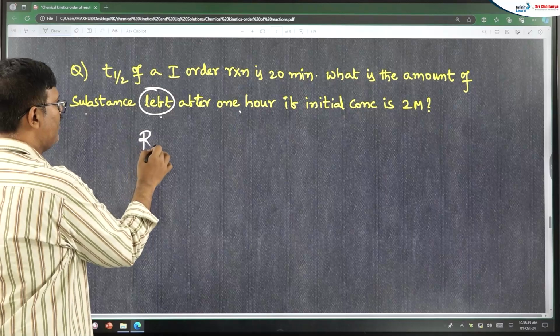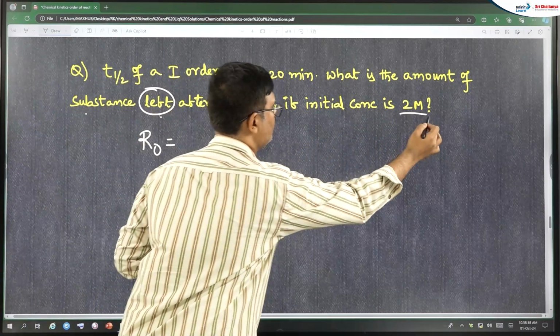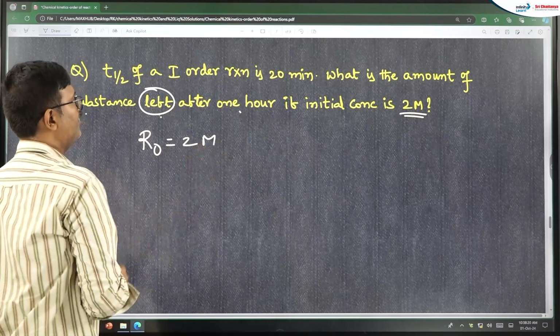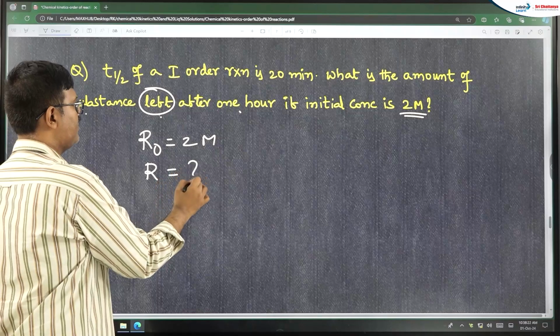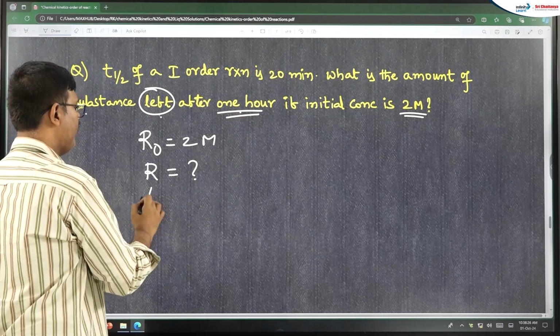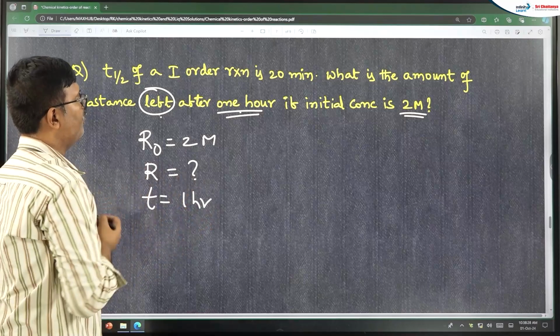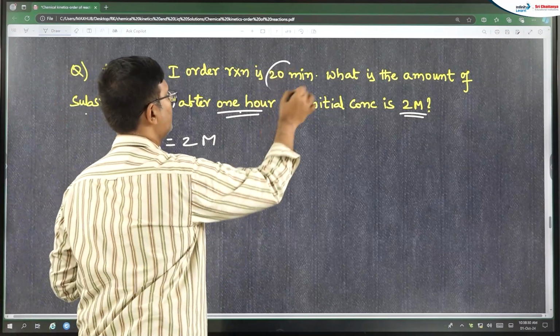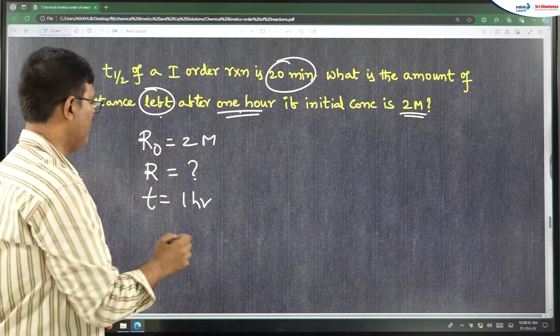So what information have they given? Initial concentration they have given. They are asking what is the final concentration remaining, and time also they have given. What else have they given in the question? Half-life is also given.